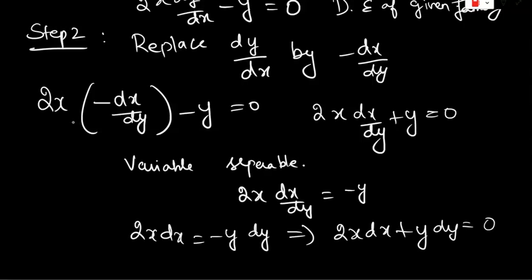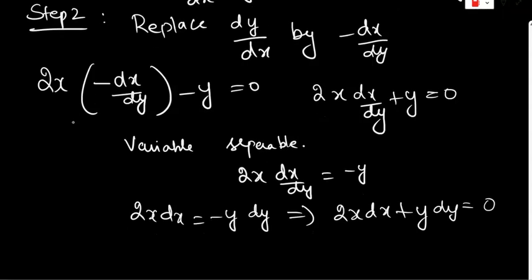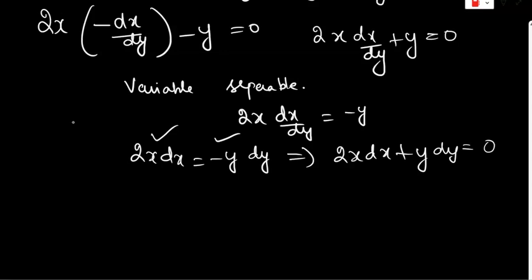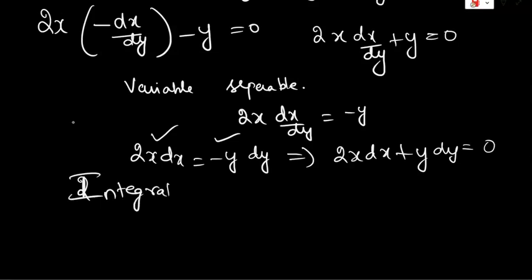Now this is your first order differential equation. Now x and y are on separate sides. If you want, you can write like this and integrate directly, or you can write like this. It's your wish. Let me write integrating.